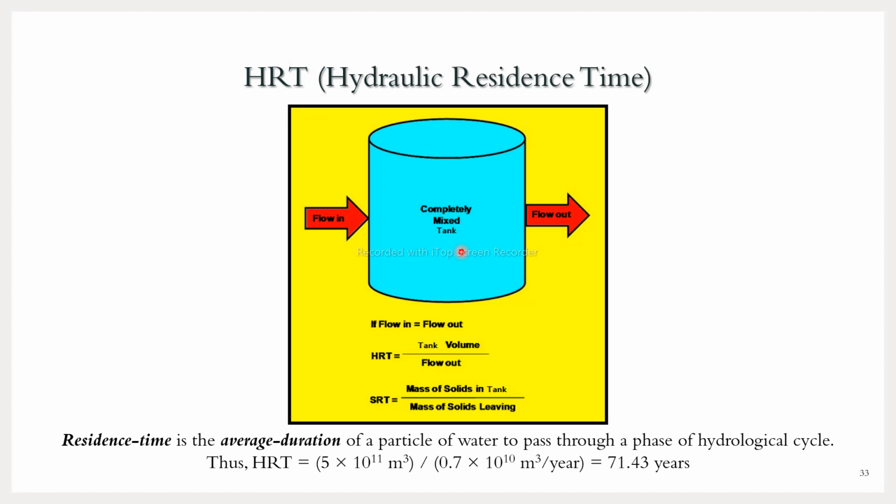So the RTD, how is it done? Either it is calculated with the help of a pulse test or step test, etc. For example, liquid in white color is going, and a drop of red particles is injected at the inlet. At the outlet the response is noted.